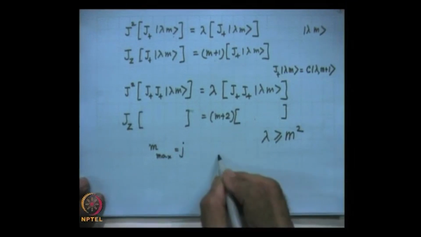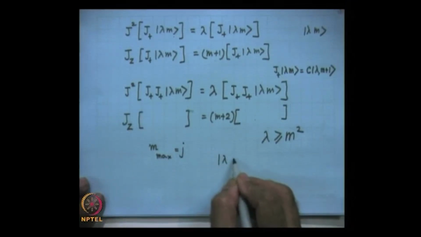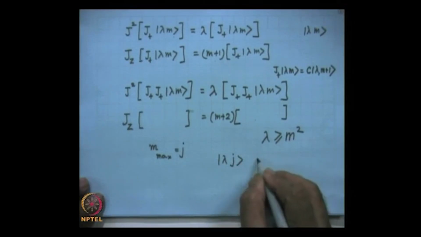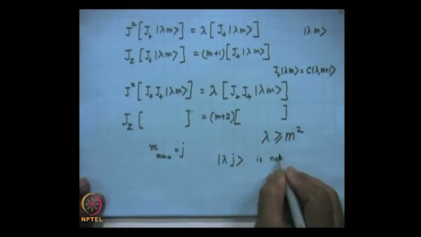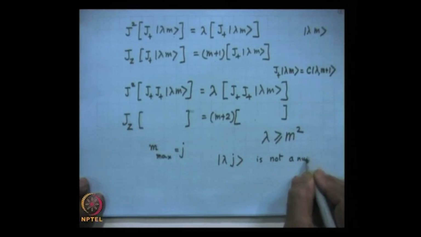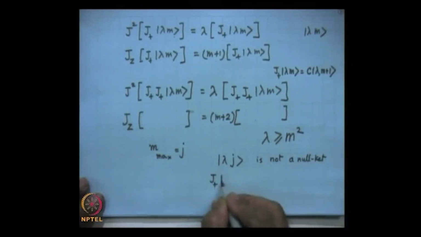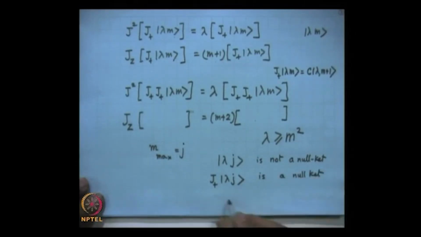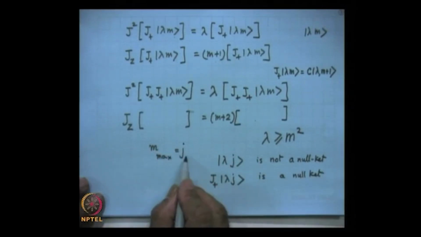Then this eigenket is a non-null ket, but J plus ket lambda j is a null ket, because the maximum value of m is j.